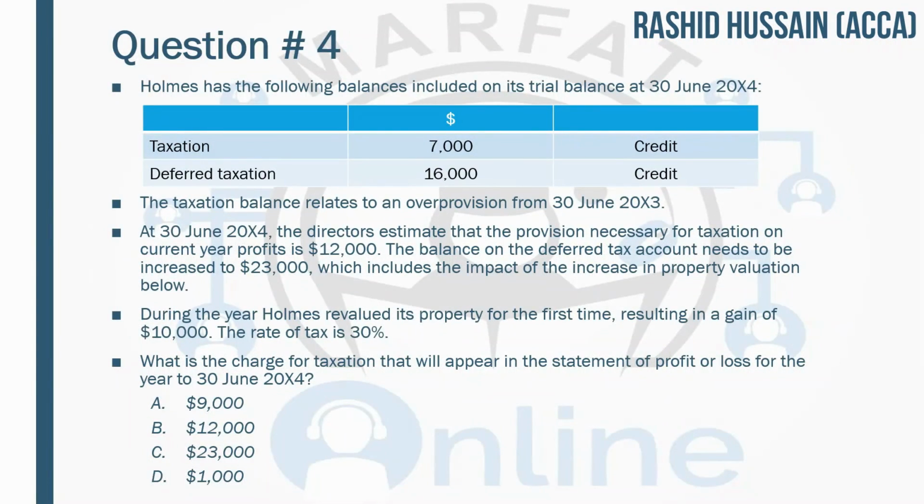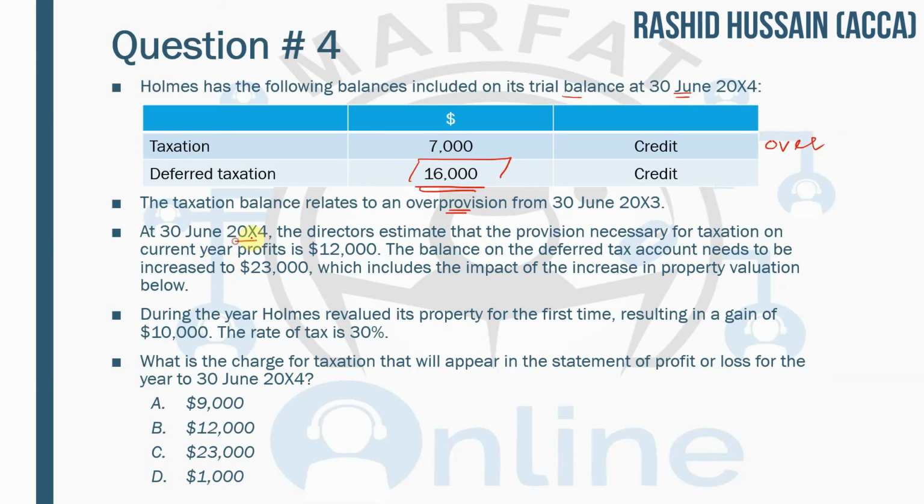Now we have example number 4. Holmes has the following balances included on its trial balance on 30th June. Taxation credit, again this represents an over provision. And the opening deferred tax liability of 16,000. The tax balance relates to the over provision, we already know that.